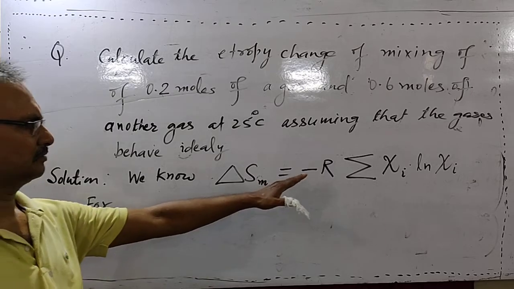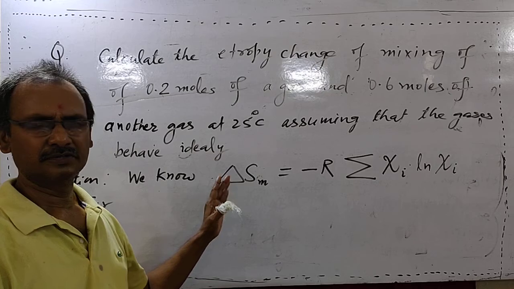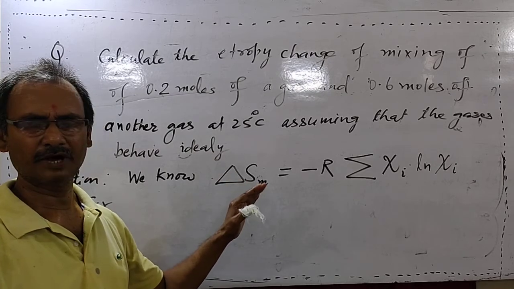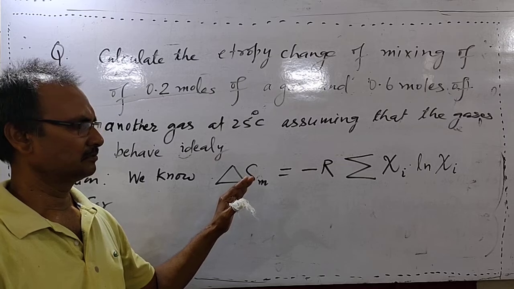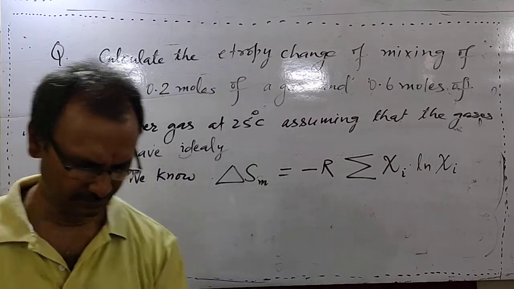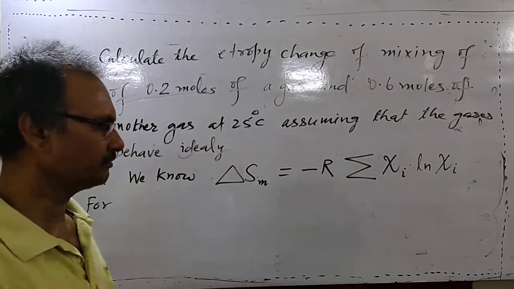From this formula we can calculate the entropy change of mixing of 2, 3, 4, 5, etc. ideal gases.